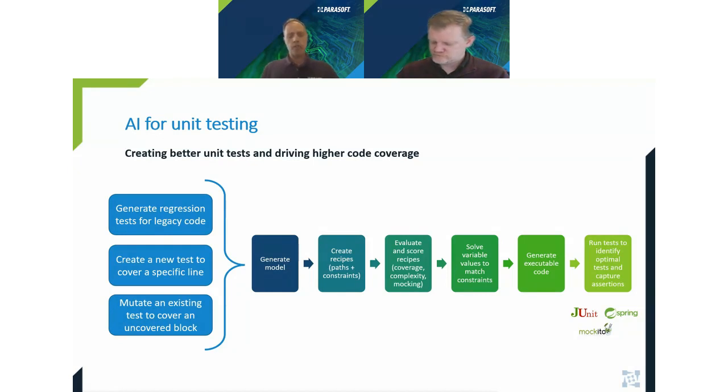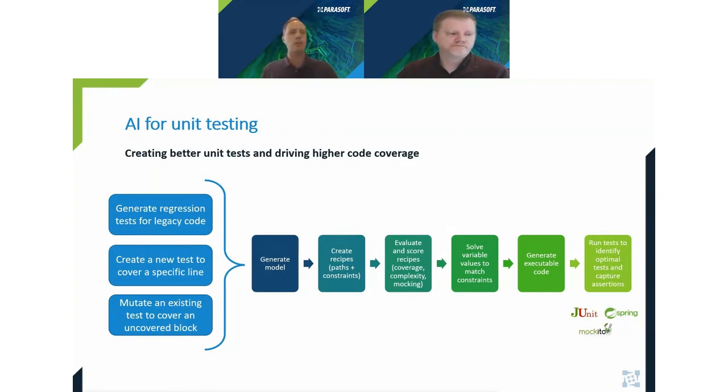And then once we score those recipes, we choose the ones that score the highest, and we solve for specific variable values that match the constraints. We generate the code, and then we actually execute the code to do two things. One is to make sure we measure all the coverage for all the tests that we create.